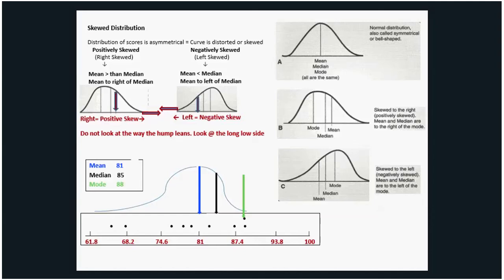Or is this a positive or a negative distribution? And the thing to remember is, if you ski out to the left, it's negative. If you ski out to the right, it's going to be positive. I can't see them having you chart where everything is and then deciding which way to go.